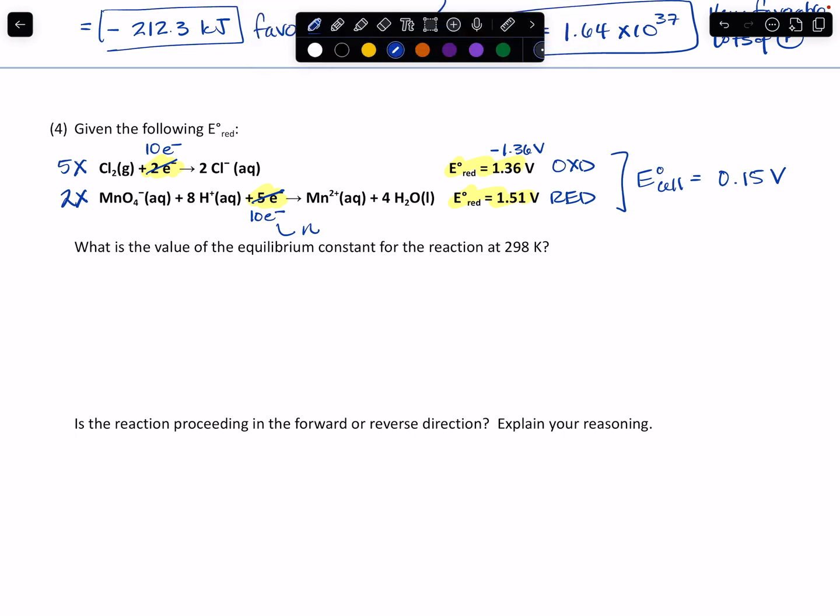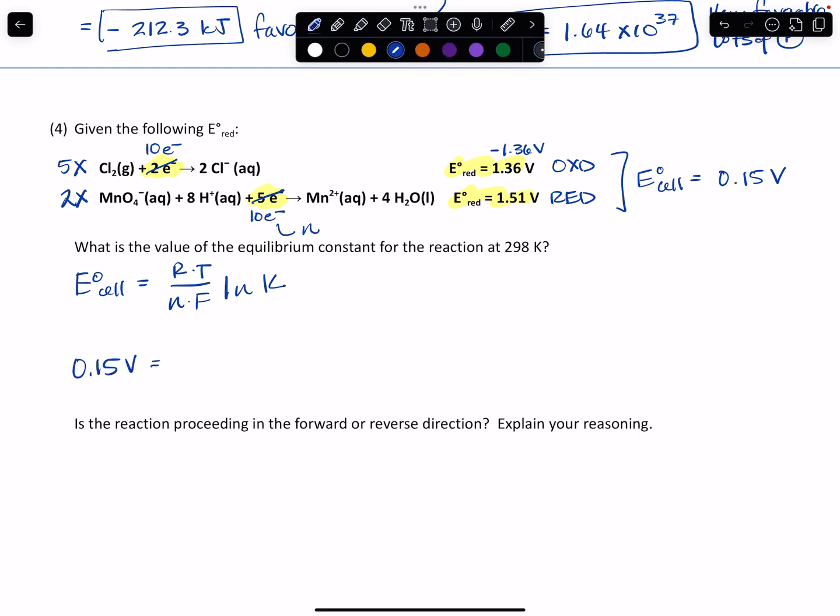So first we want to look at the value of the equilibrium constant for this reaction. We know that the cell potential is equal to R times T over n times F times the natural log of K. So we're going to have to fill everything in and then do some math, move some things around.